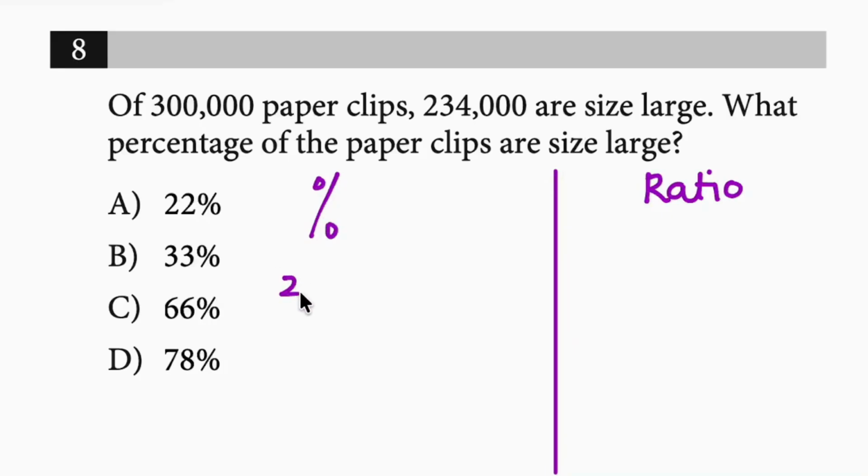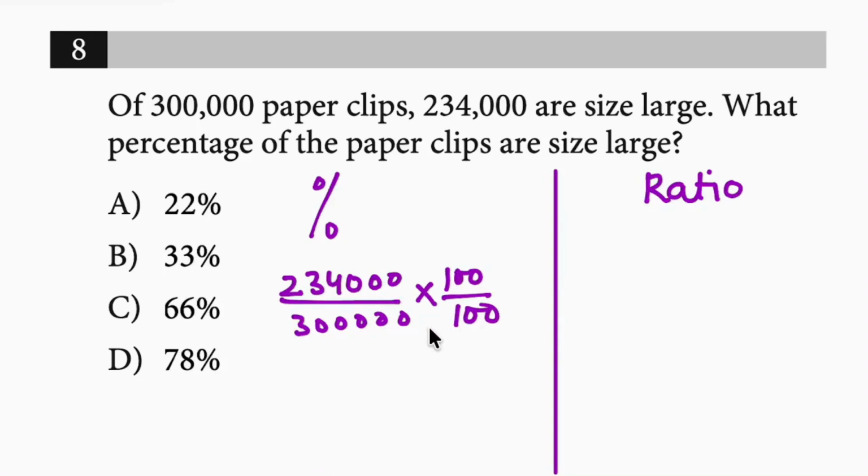When we do it with the direct method, we multiply it by 100 and divide it by 100. And this 1 over 100, when I say 100 over 100, let's cancel the zeros. So 3 zeros from here and 3 zeros from here, 2 zeros cancel this.